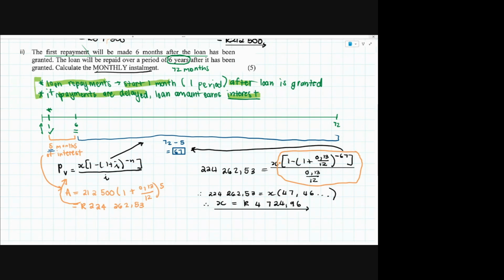And we don't actually need to go and calculate it, but what would happen to this amount of x, so your monthly repayments, if this exponent had been negative 72? So if they hadn't missed any repayments, they started their repayments 1 month after the loan was granted, what would happen to the monthly repayment?